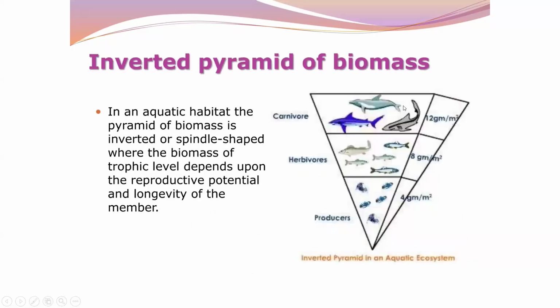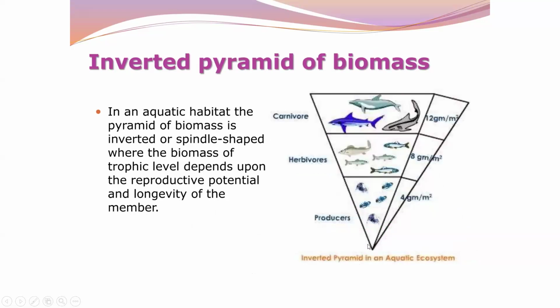Now the inverted pyramid of biomass. In an aquatic habitat, the pyramid of biomass is inverted or spindle shaped, where the biomass of the trophic levels depends upon the reproductive potential and also the longevity of the members. In the aquatic ecosystem, the producers are phytoplanktons.